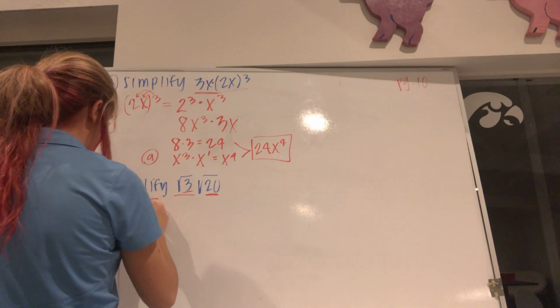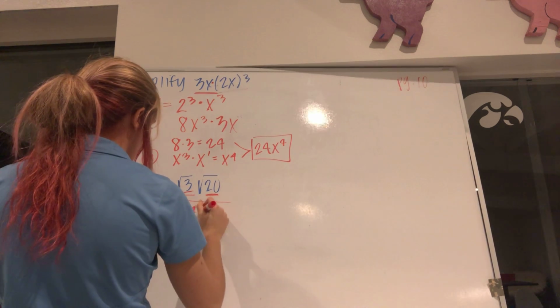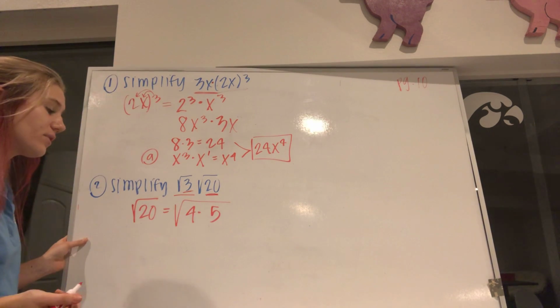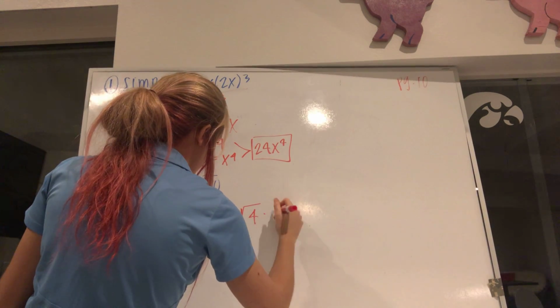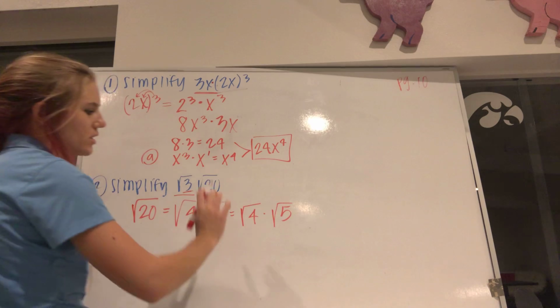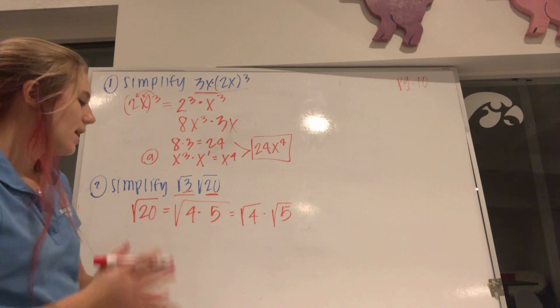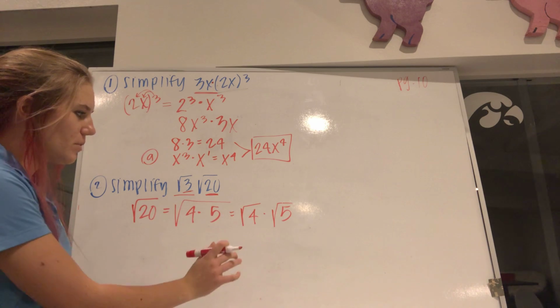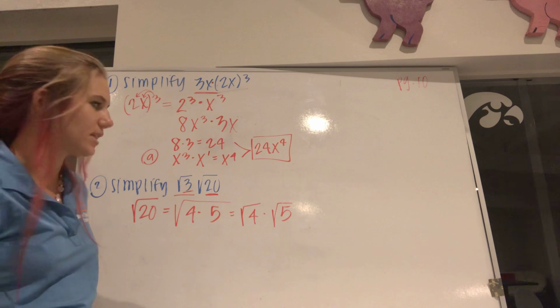So you can just go ahead and rewrite the square root of 20 as the square root of 4 times 5. And then one way that I visualized it when I was first working with simplifying square roots is just to write it out like this, where you separate those two, because then I can see, oh, the square root of 4, I know that's 2, pretty obviously.